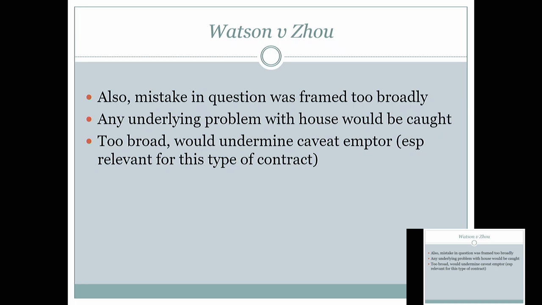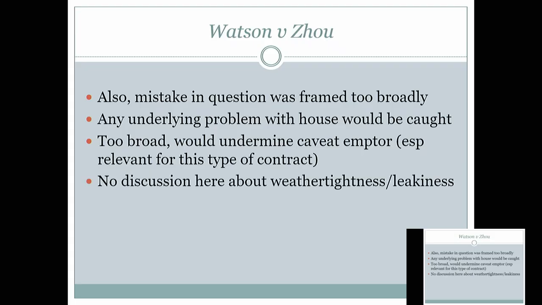The reason it was framed broadly, the reason the trial judge didn't say that the mistake was one specifically as to whether or not the house leaked, was that as a finding of fact, the trial judge said that there was no discussion between the parties about weather tightness or leakiness.